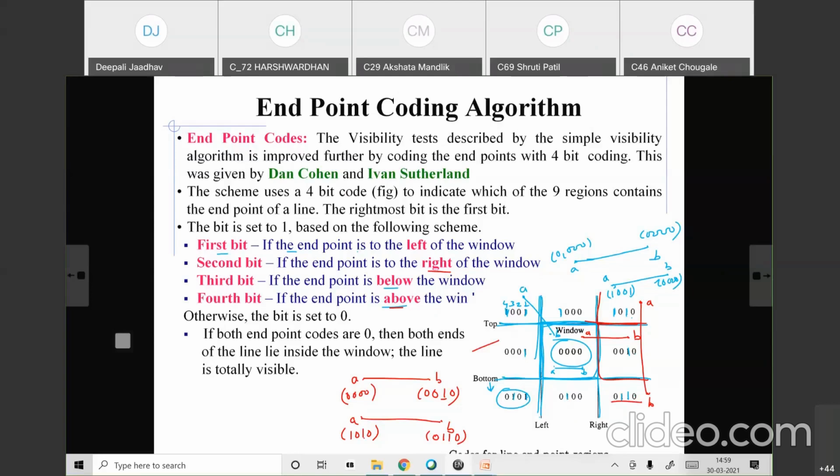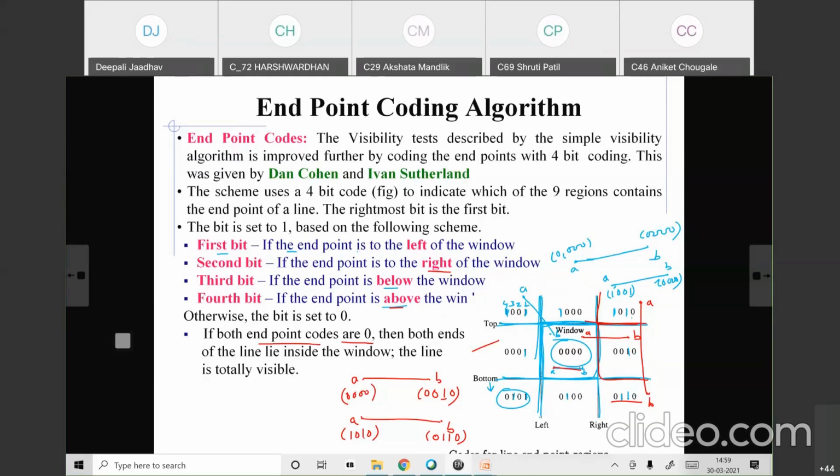And accordingly, it is decided whether the line is totally visible, invisible, outside, or partial. If both endpoint codes are 0, as I have drawn here initially, if both endpoint codes are 0000, then the line is totally inside the window.